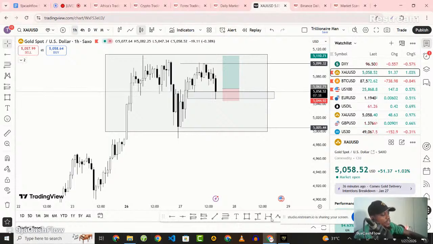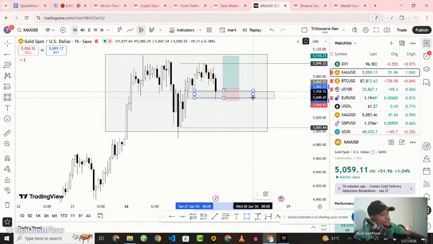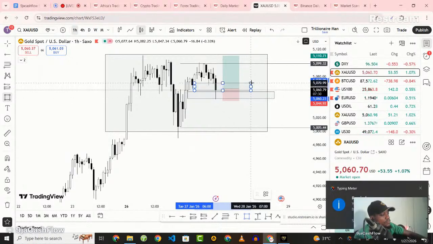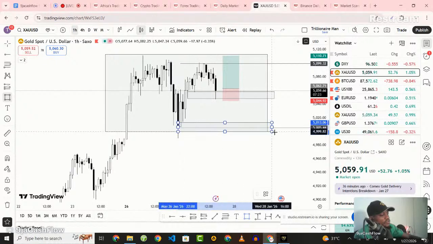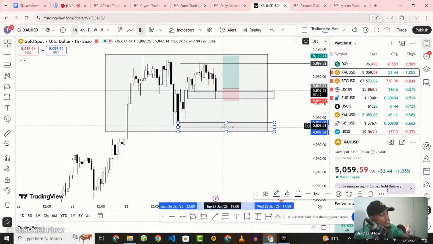This will be the final trade, and this is also very low risk, because this is the area that I would have loved to enter.